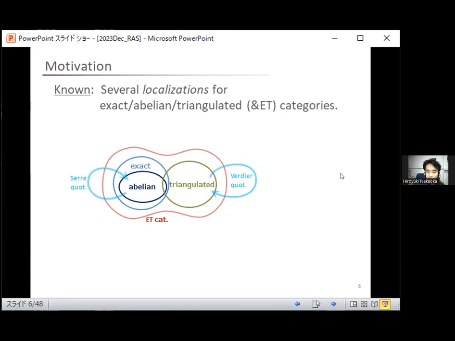Serre quotients are generalized to exact categories, with the localization of an exact category by percolating subcategories, by recent work of Henrik van Roosmalen. There is also another localization by resolving subcategories given by Rump. This localization gives a triangulated category out of an exact category.